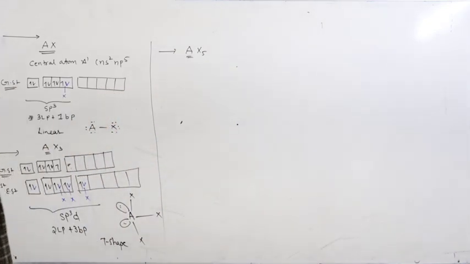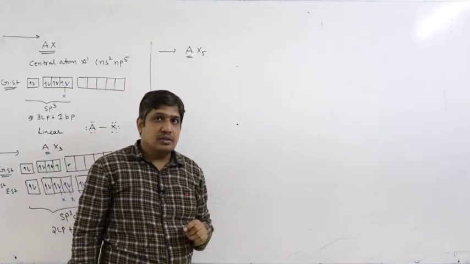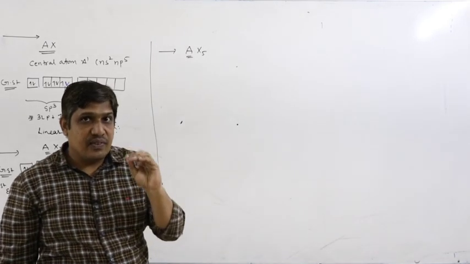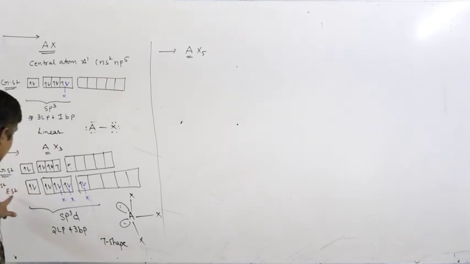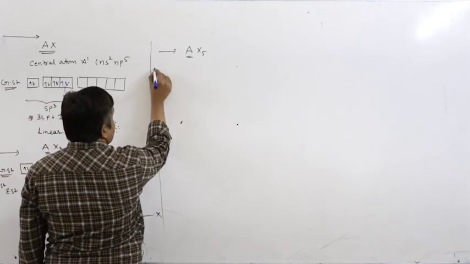Here AX5, the central atom is A. A is bonded to 5 halogen atoms, which means A must possess 5 unpaired electrons. In the first excited state, how many unpaired electrons did we come across? 3. So to get 5, you have to go for the second excited state.